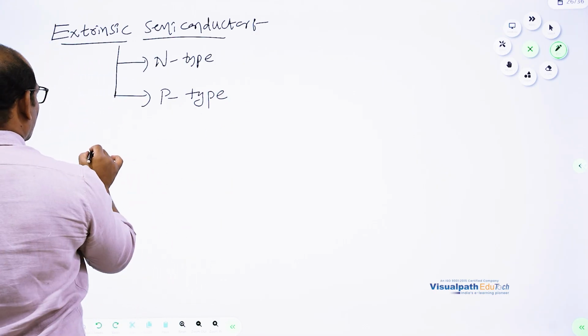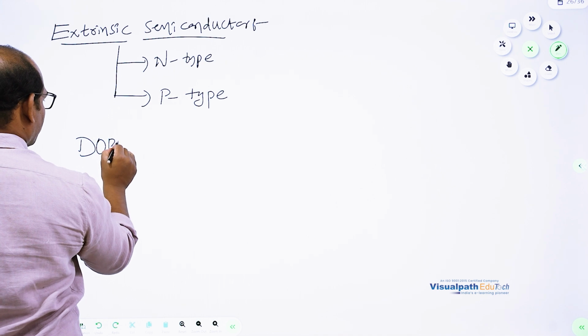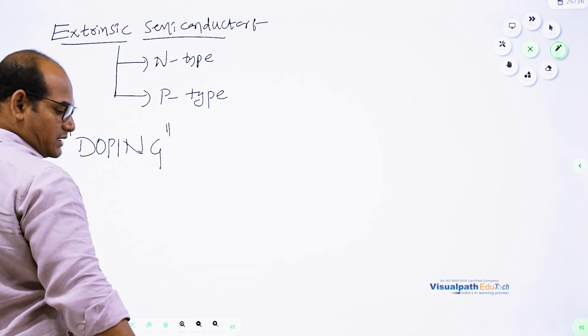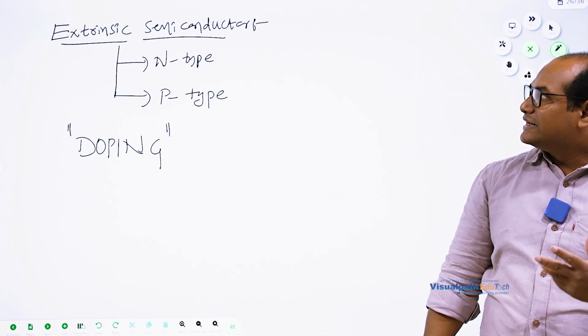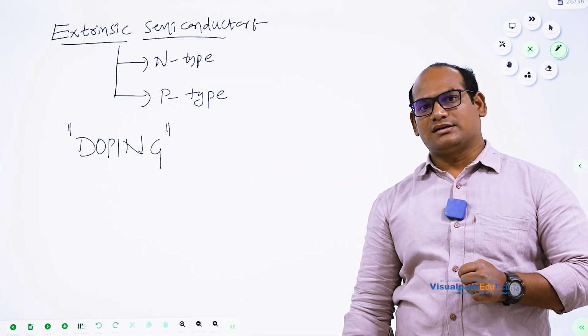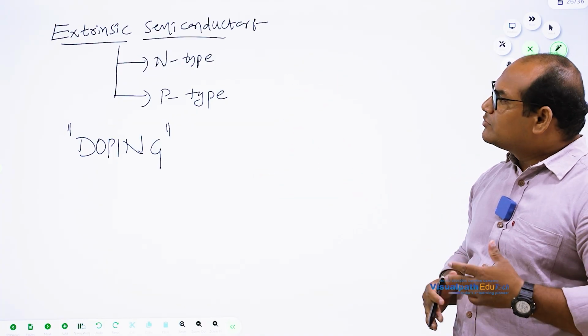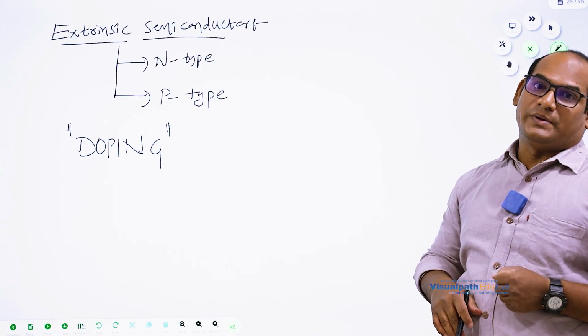Here, by using the concept of doping, this doping is very important. Using the concept of doping, we can create these extrinsic semiconductors, whether it is N-type semiconductor or P-type semiconductor.